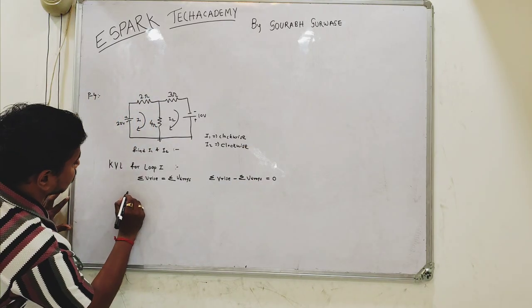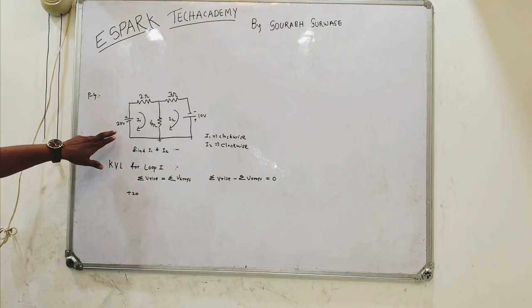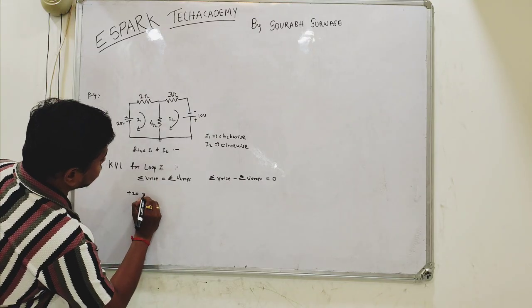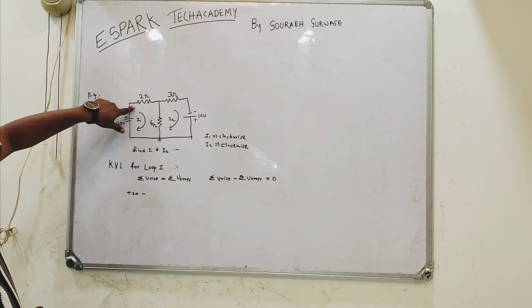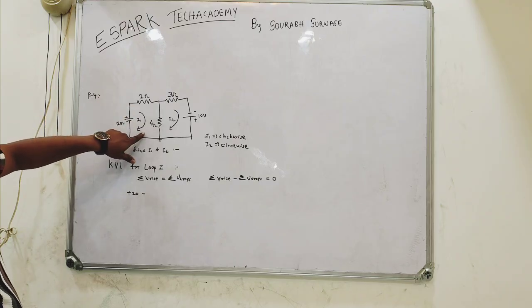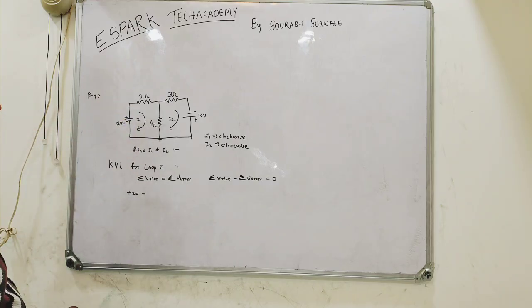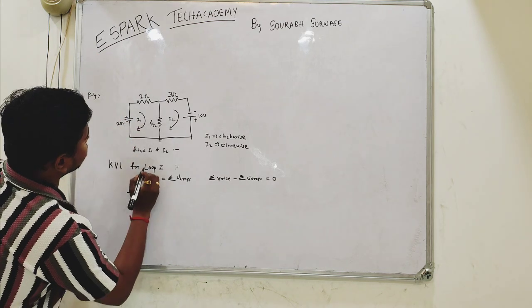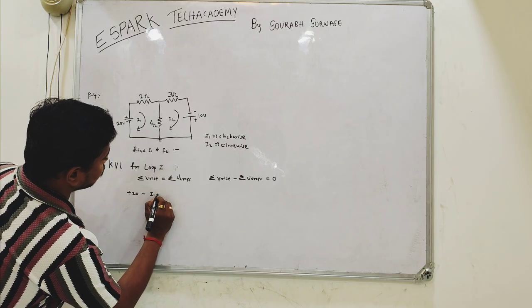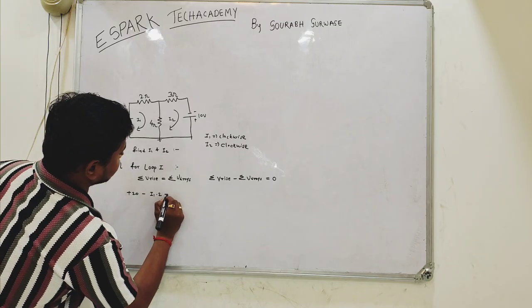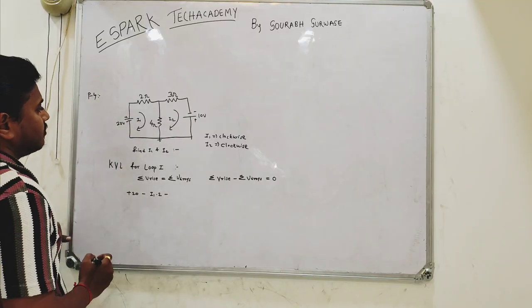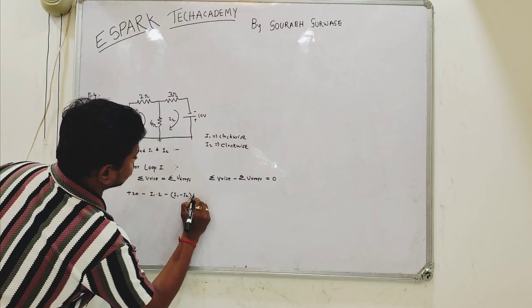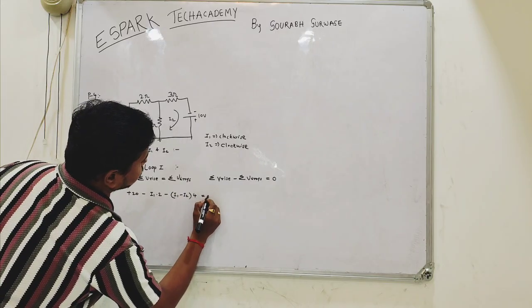Now here plus 20 volt, as the voltage is traveling from negative to positive terminal, that's why plus 20. Now this will be minus because we are traveling in the same direction, so this drop will be in the same direction as your assumed current. That's why it will be I1 into 2 minus, same direction the I1, here I1 minus I2 into 4 equal to 0.